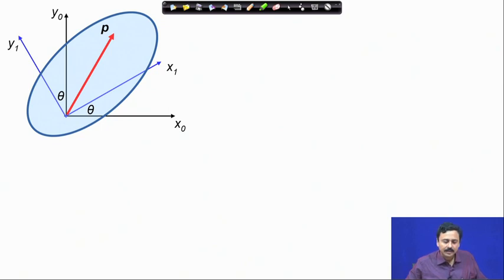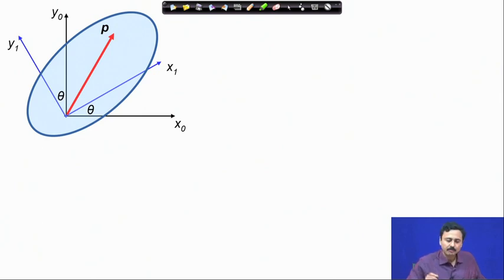Here I have removed the original position of the body in configuration 1. So, we can only see the body in configuration 2, the body fixed frame x 1 y 1 and the ground fixed frame x 0 y 0.